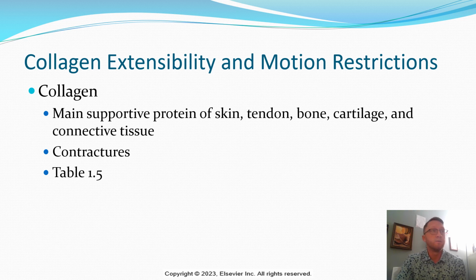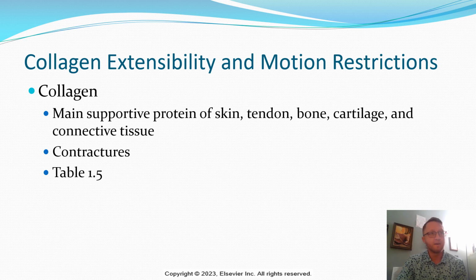When we're thinking of collagen, it's really important to understand the properties of collagen and what's important for tissue healing for those structures. So just remember that collagen is the main supportive protein of the skin, tendons, bone, cartilage, and different connective tissues. We're really trying to limit contractures of these tissues.